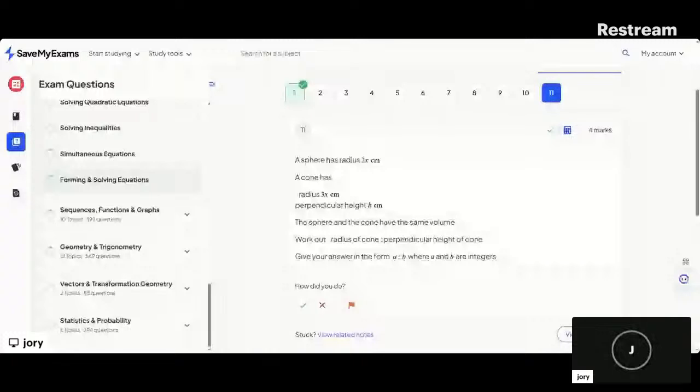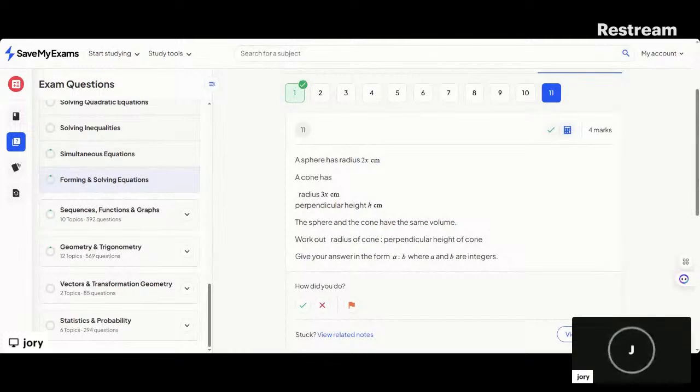We got 32 over 3 pi x cubed equals 1/3 times 9, which is 3 pi x squared h. So if you multiply by 3, you get 32 pi x cubed equals 9 pi x squared h.